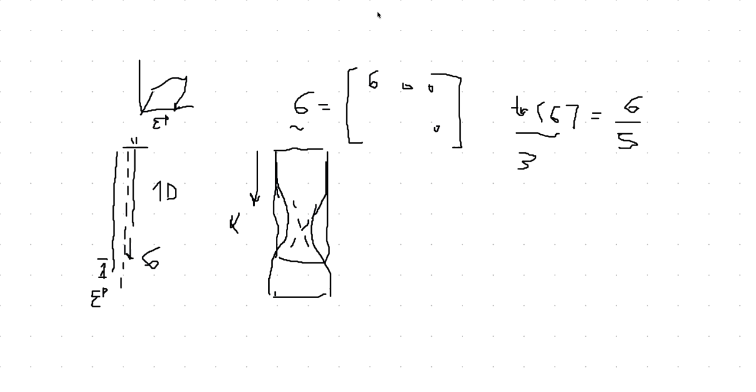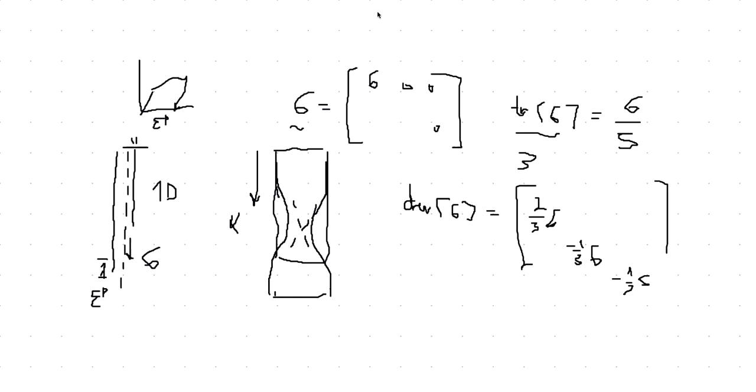So the deviatoric part of sigma is simply you subtract this one from that one, so you're going to have 2/3 sigma. Here would be minus 1/3 sigma, and minus 1/3 sigma. And all the others are 0. Okay, so this is it.